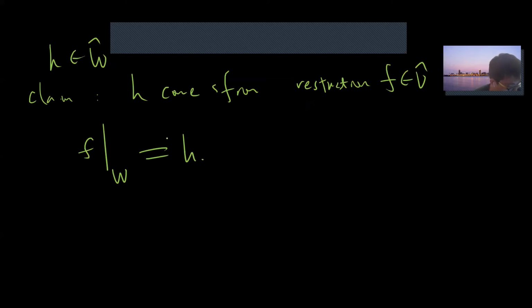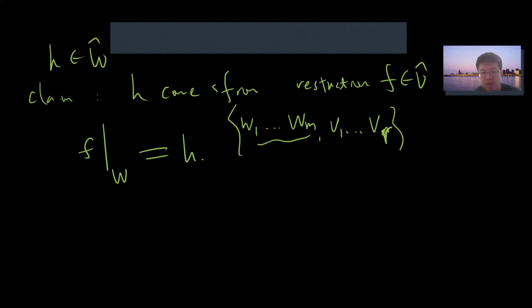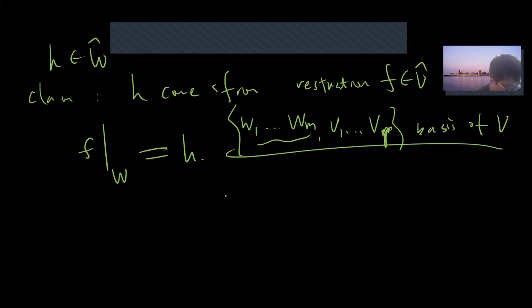Yeah, this is not difficult. If you take the basis w1 to wm of W, by our previous result you can find another set of vectors v1 to vr such that together they complete it to a basis of V. Let's call the span of these vectors W1.